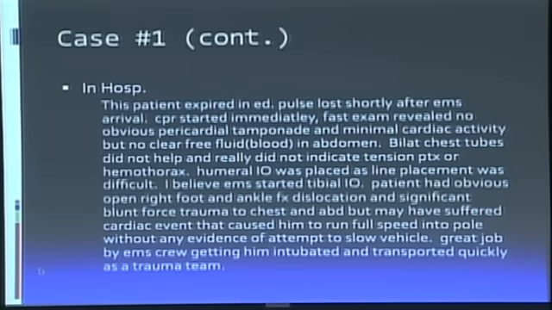They never really got any lab work on this patient, so we don't know if the drug screen would have revealed anything, but it didn't look like he had any attempt to brake, and the team thought that this might indicate a medical cause as the cause of the accident. The EMS crew did a great job in terms of airway management and quick transportation to the hospital as a trauma team patient. So, any questions on that one?